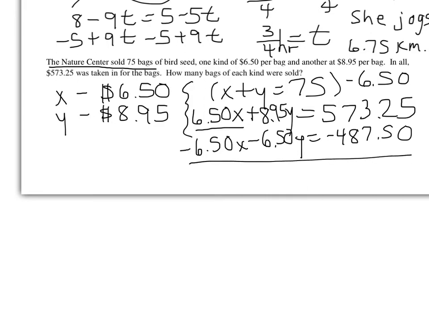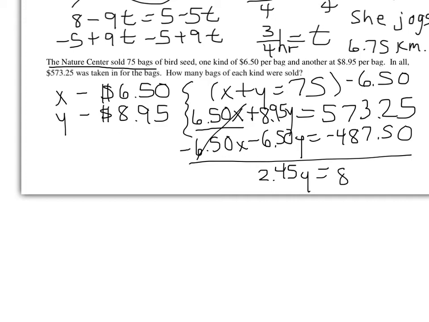So when we add those two equations together, the x's are eliminated. We get 8.95 minus 6.50. That gives us 2.45y. We have 573.25 minus 487.5.